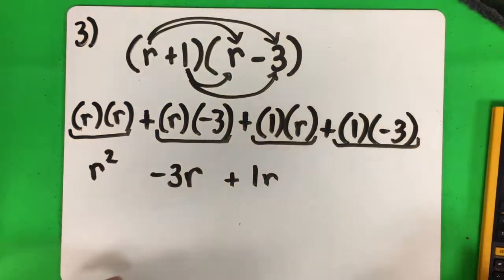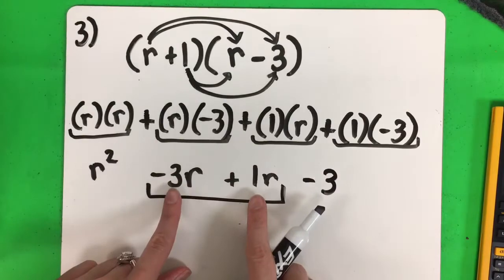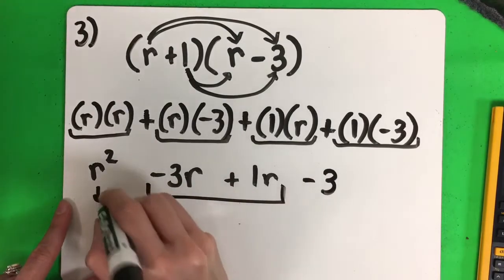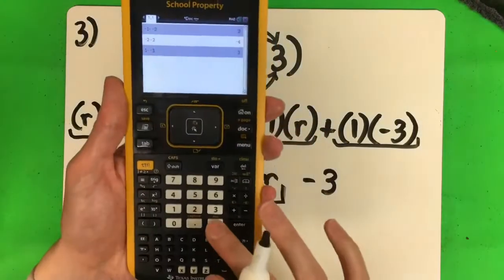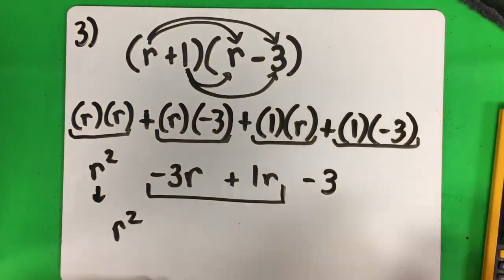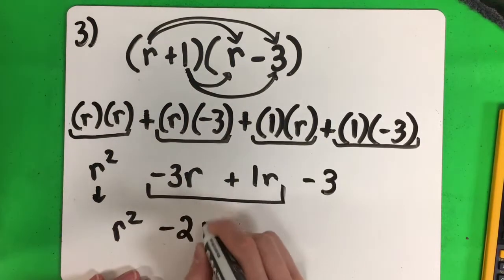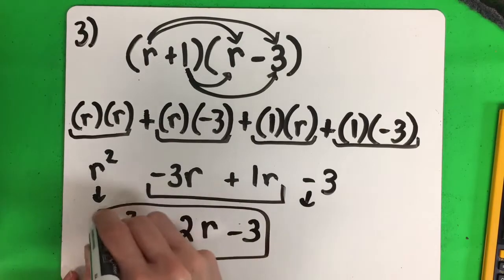Negative 3. These are my like terms, my 2 r's here. So copy down r squared. Negative 3 plus 1 is negative 2r. Copy down minus 3. There is my final answer.